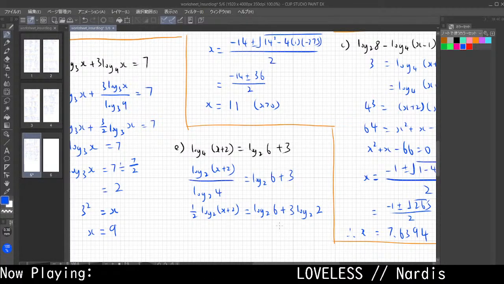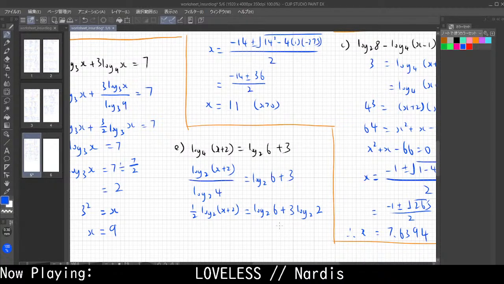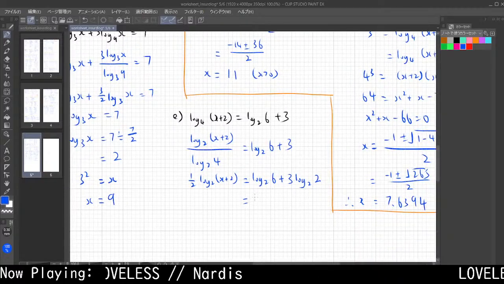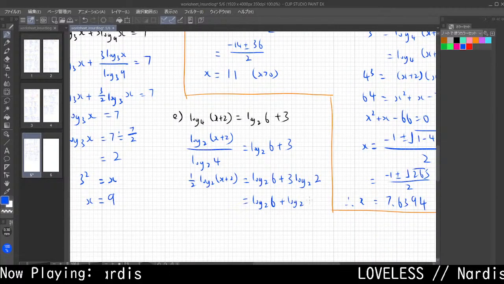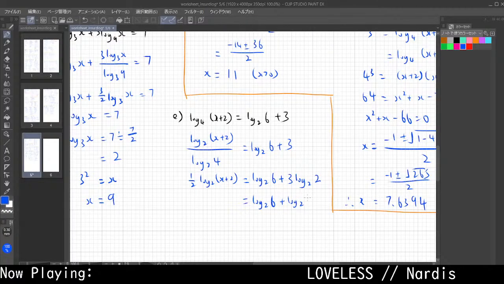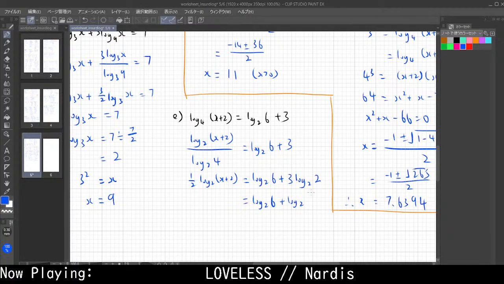Your 3 is 3 times 1, and 1 equals log base 2 of 2. So you bring 2 on top and you get 2 to the power of 3.